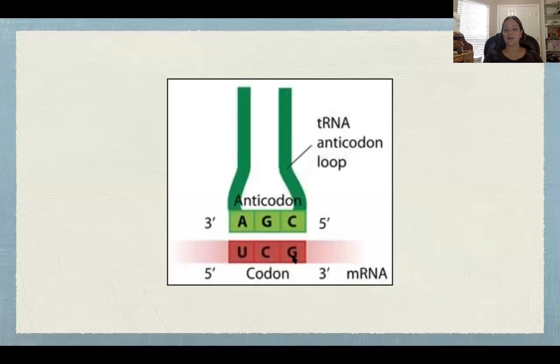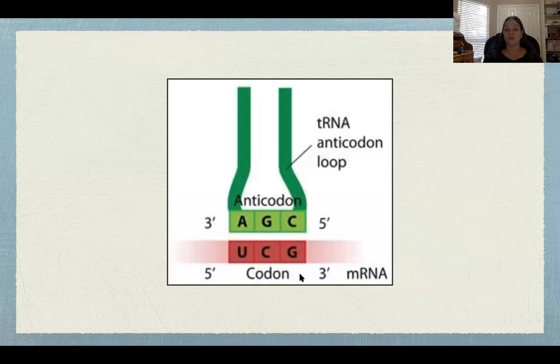The way that it does that is you have the codon of your mRNA, and it is complementary to the anticodon on the tRNA. We looked at that kind of loopy, clovery structure of the tRNA, and that bottom loop has the anticodon. Again, it's complementary to the codon of the mRNA.